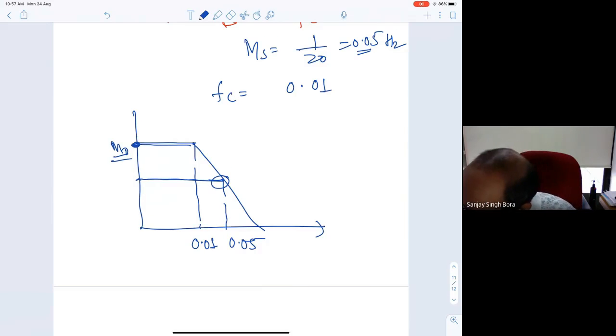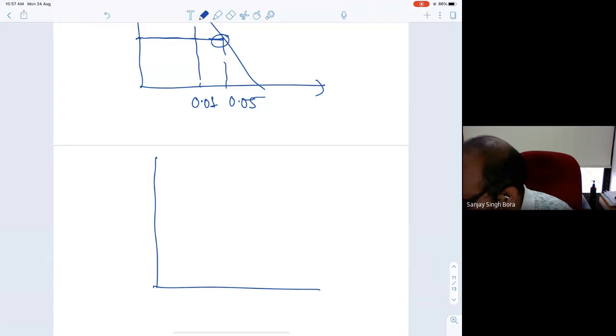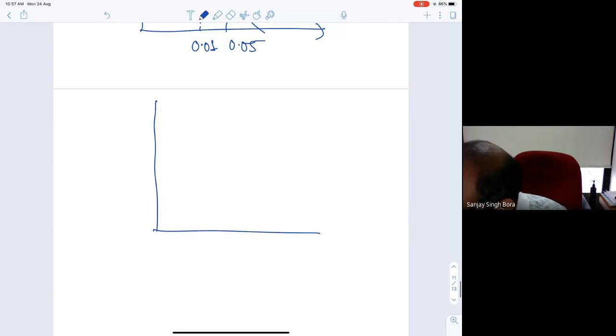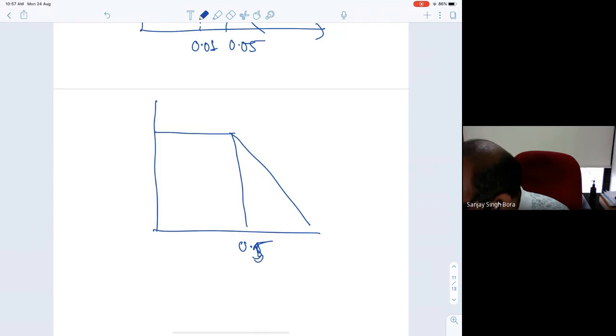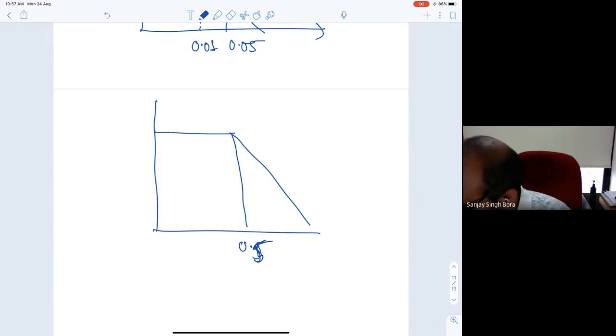But if your FC is still 0.5, I'm just giving you different scenarios, and you are measuring MS at 0.05, that means you are measuring it somewhere here.